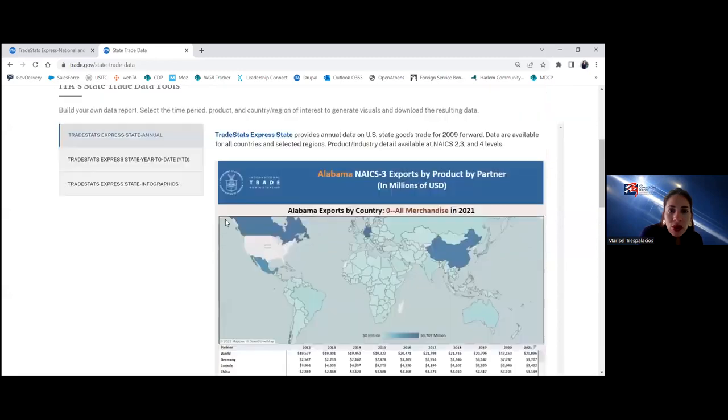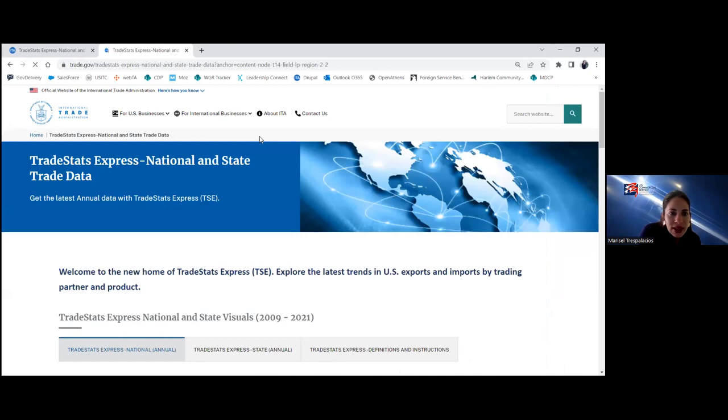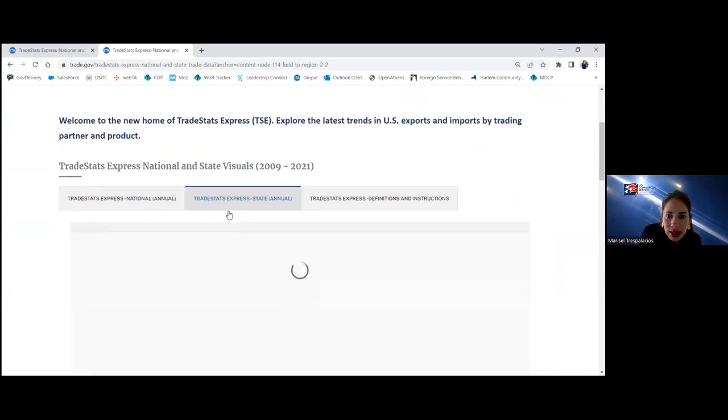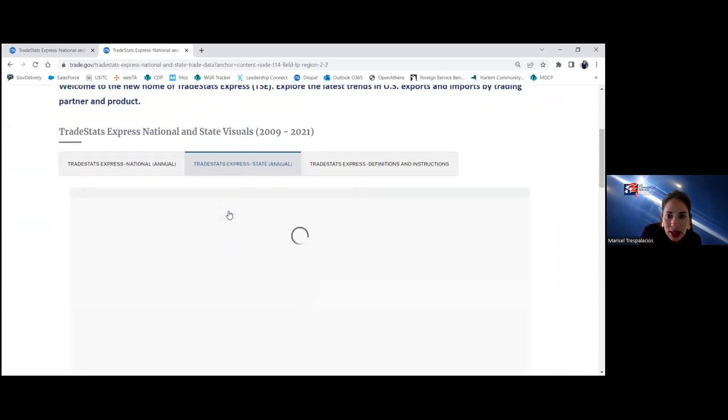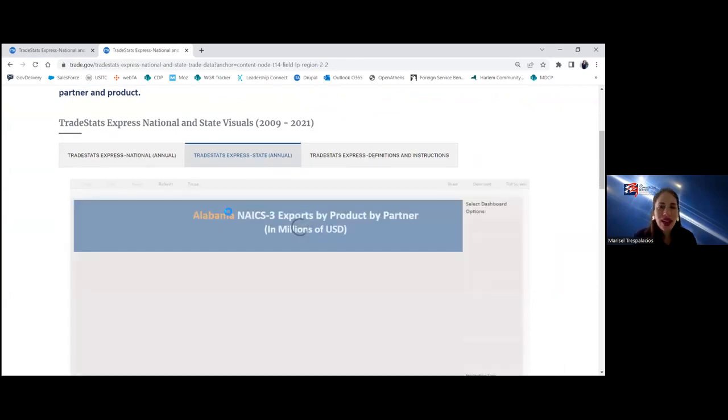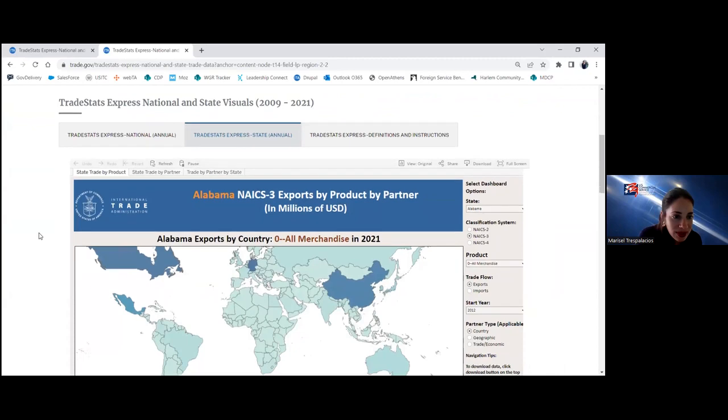So I came to this tool, Trade Stats Express. In here you can do national or state level. I wanted the state. Give me a second. This is the downside of doing a live demo. My internet connection sometimes is slow.